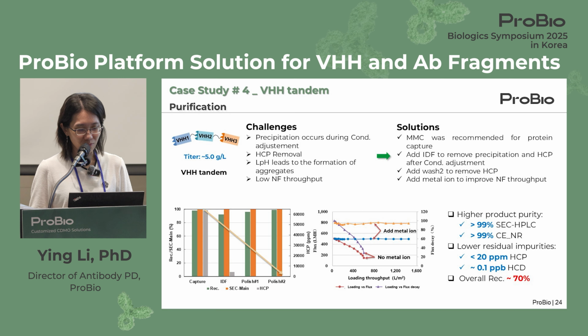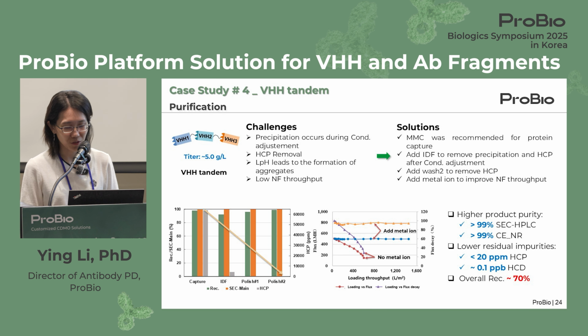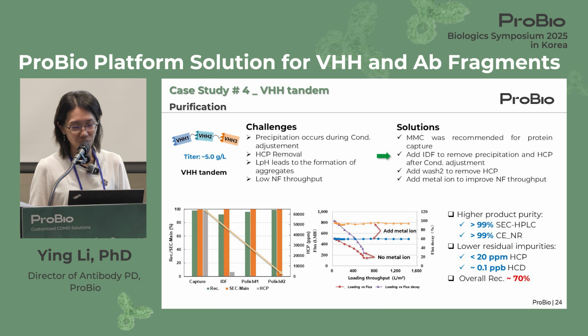And again, the molecule cannot bear low pH conditions, so we designed a solvent detergent treatment for this molecule, and we saw low nanofiltration throughput during the nanofiltration stage. We successfully identified a certain metal ion that, during formulation development, could help to stabilize this molecule, and it was added to improve the nanofiltration throughput.